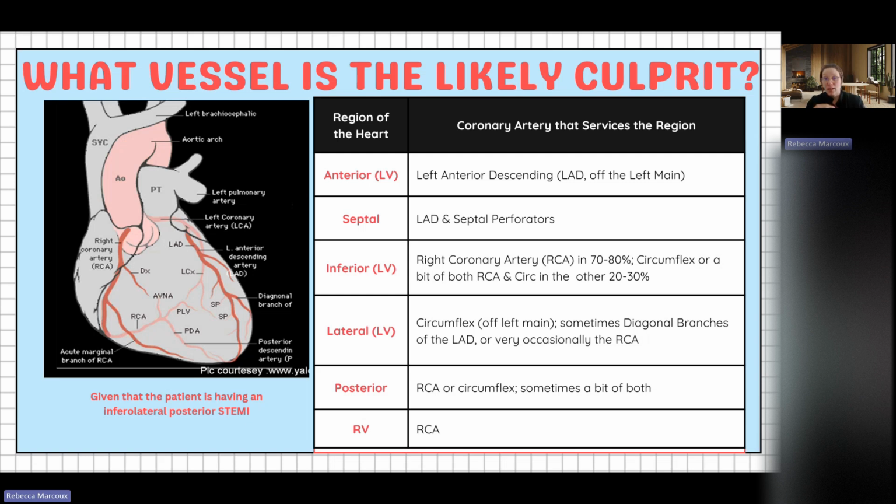So it's either the right coronary artery or the circumflex. Without more information, we wouldn't know. If we did a right-sided as well as the posterior and the right-sided was negative, I'd say it's more than likely the patient has a dominant circumflex, but not that it hugely matters. I just think it's interesting.